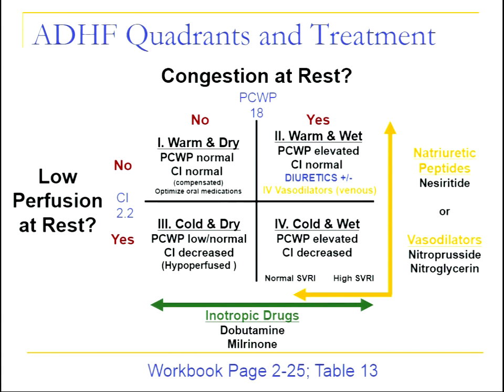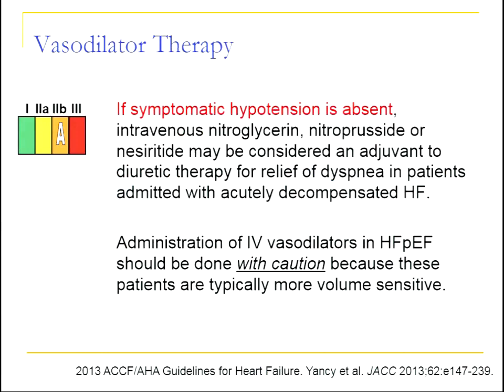And based upon their mechanism of action, we can also use some vasodilators when we have some symptoms of hypoperfusion, as long as we have blood pressure to work with. So in this patient, because he does not have symptomatic hypotension, we're going to go to a vasodilator first.